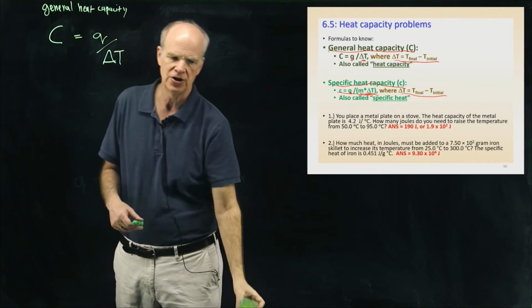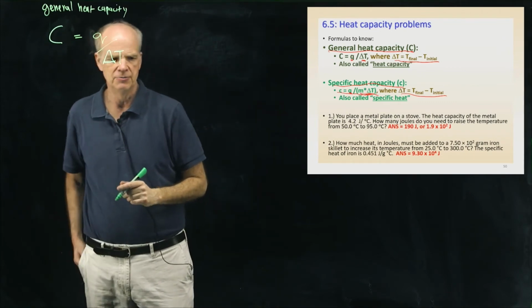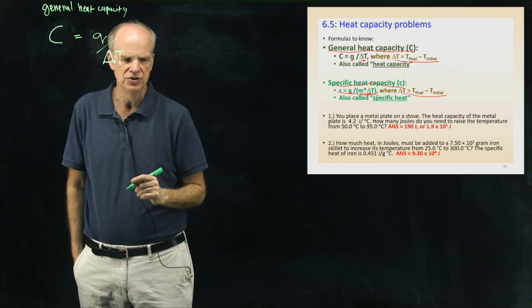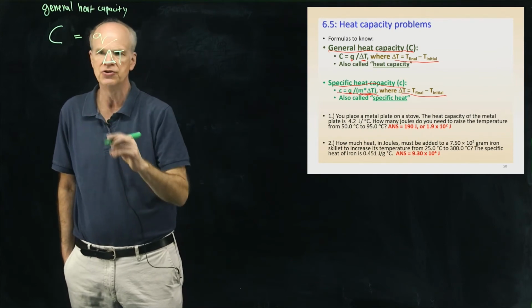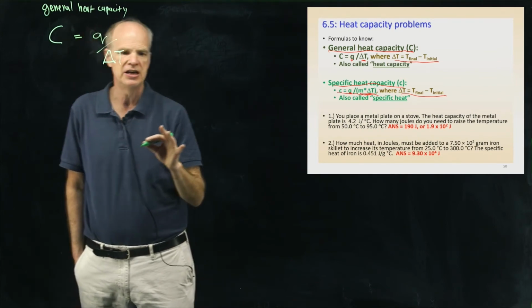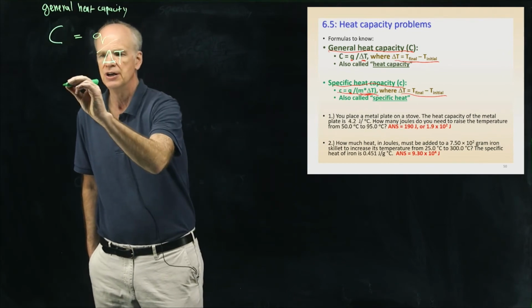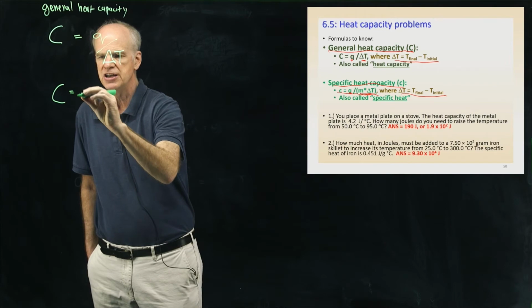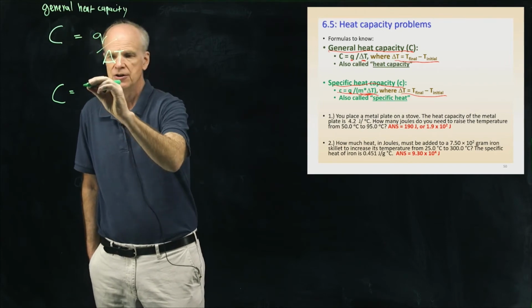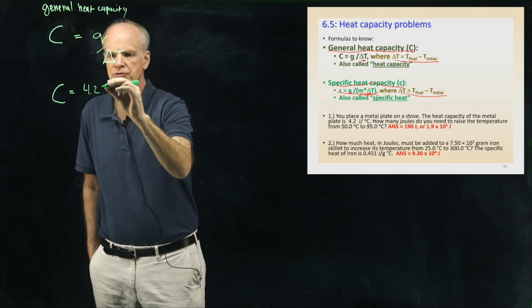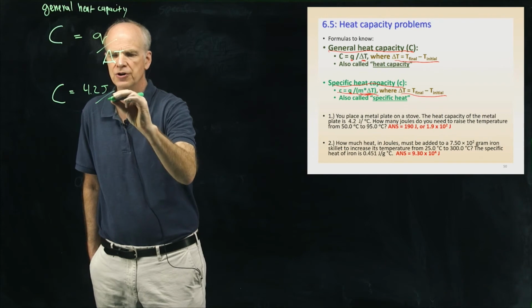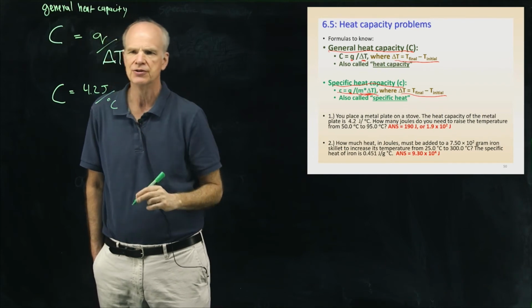Okay, so let's try solving problem 1 here. It looks like a heat capacity is given to us. Remember, when they say heat capacity, that means the same thing as general heat capacity. So this capital C is the heat capacity, or general heat capacity, and the value is 4.2 joules per degree Celsius.